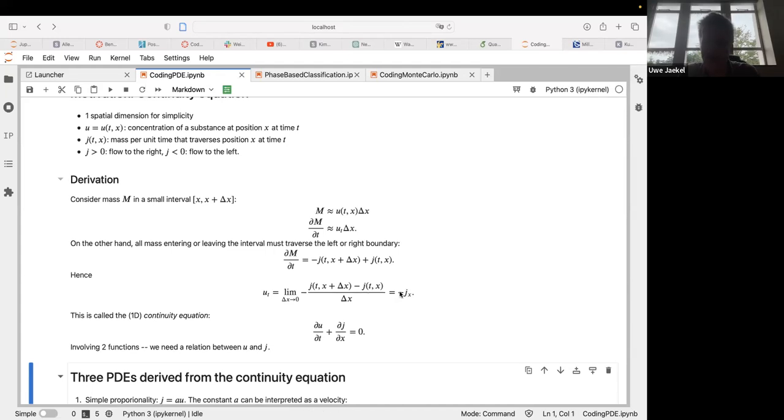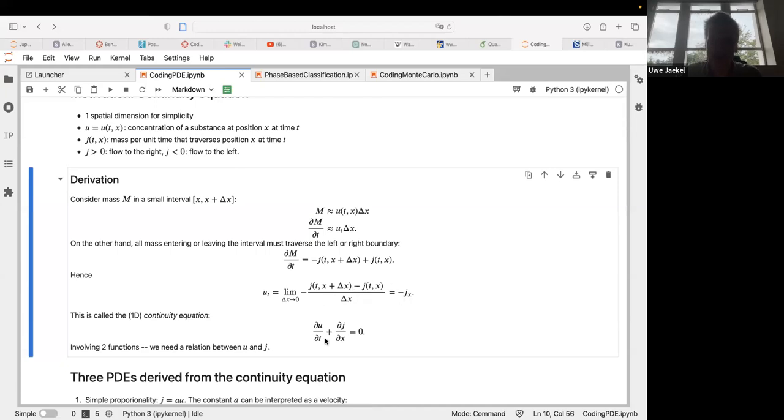So the derivative of u with respect to t must, due to continuity, be the same as minus the derivative of j with respect to x. And we can write this in another way, and this is the so-called one-dimensional continuity equation.